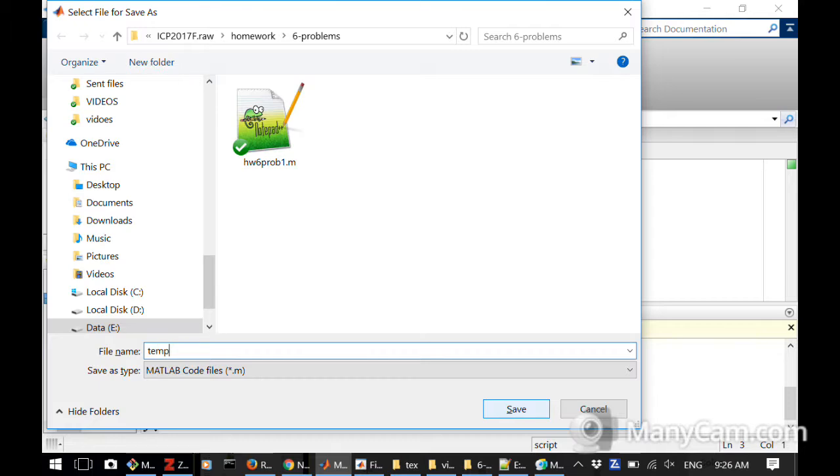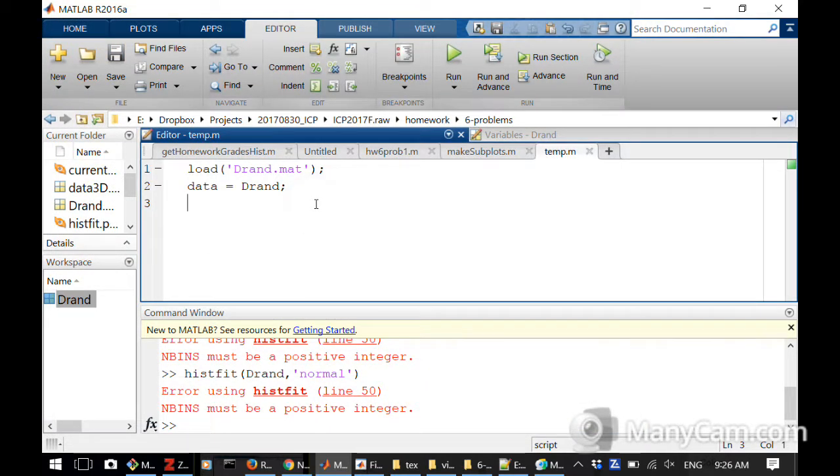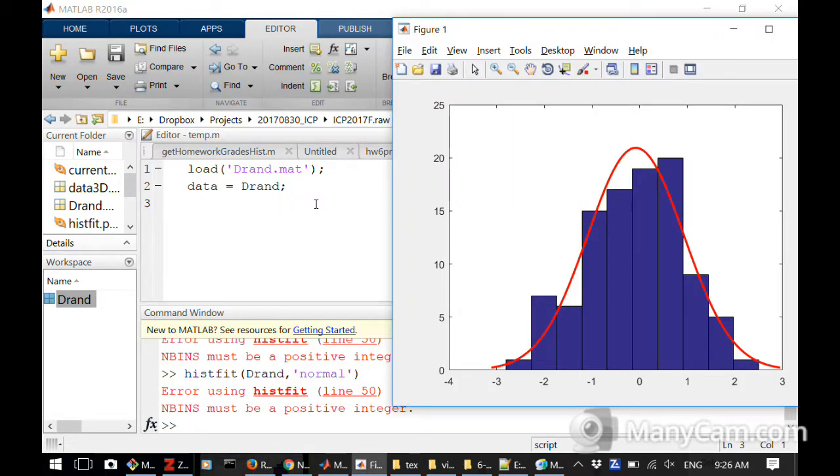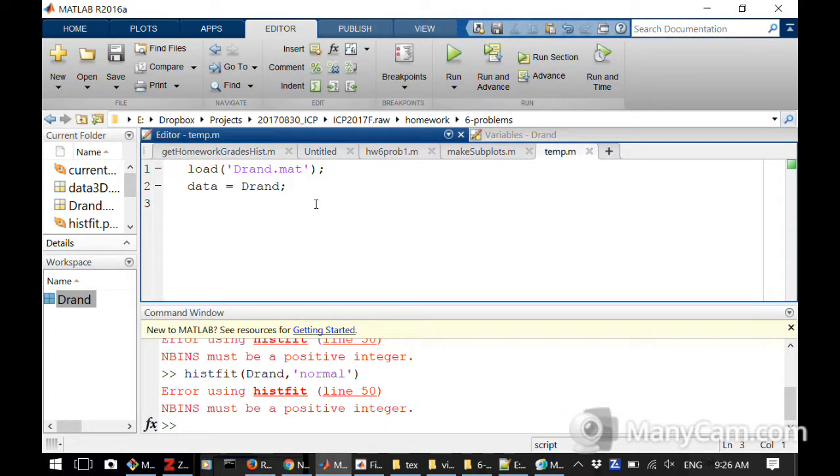Now, let's name this temp. Each member of this data array contains one random value from a Gaussian distribution. So one of the points that construct this histogram. Now, what do we do? We say for i equals 1 to, how many points do we have?